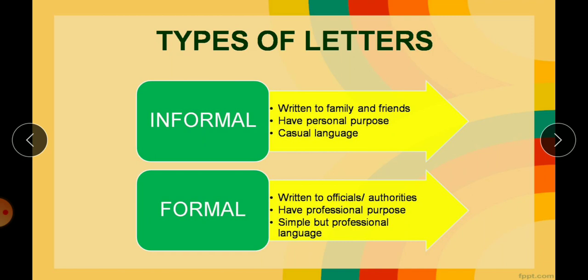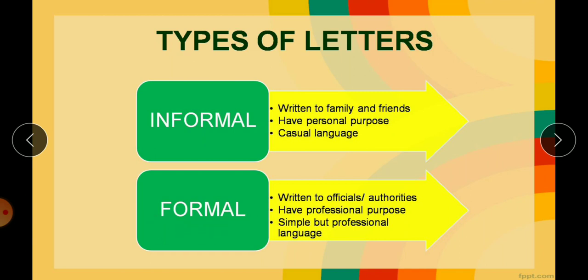Casual language. Casual language means very easy going language. There is no fixed format and there is no fixed language or fixed set of sentences that you have to use. So that is a casual language. Means very easy and simple language you have to use while writing letters to your friends and family.